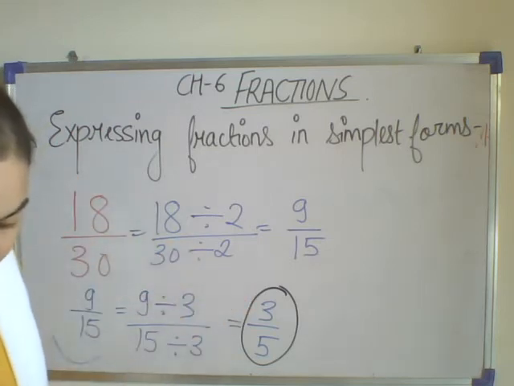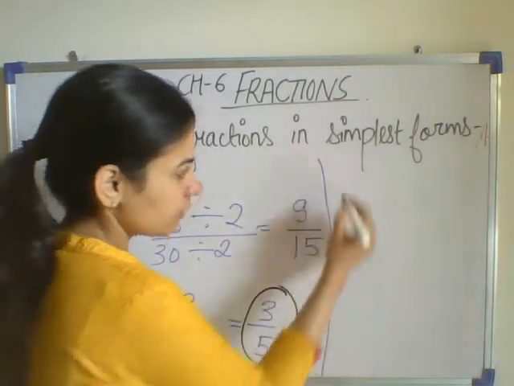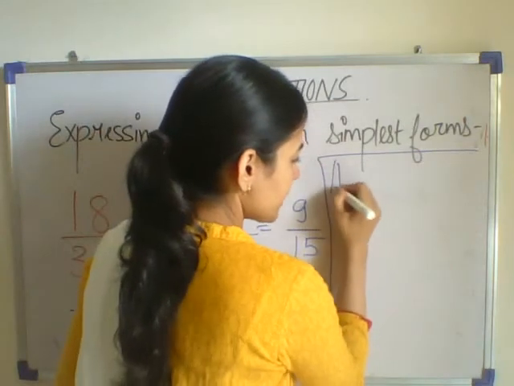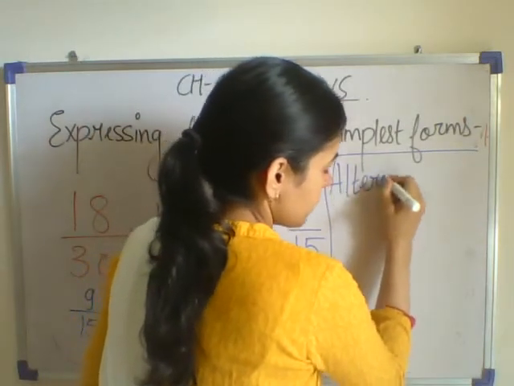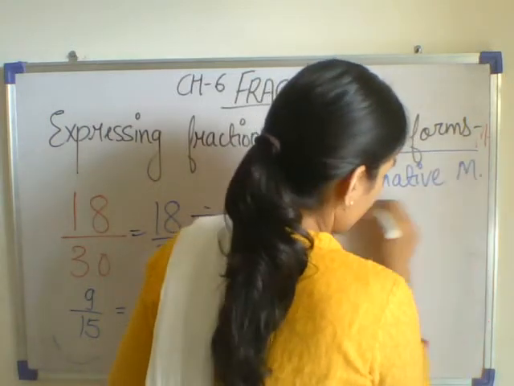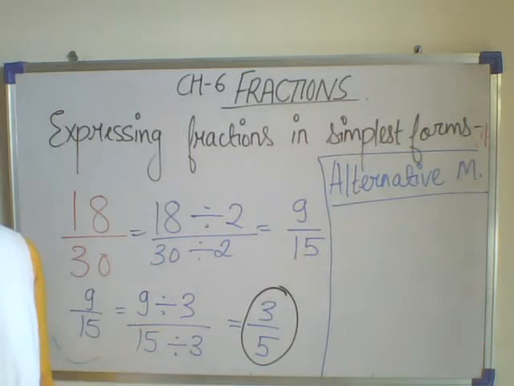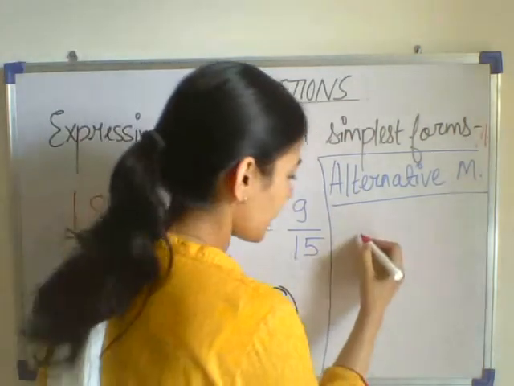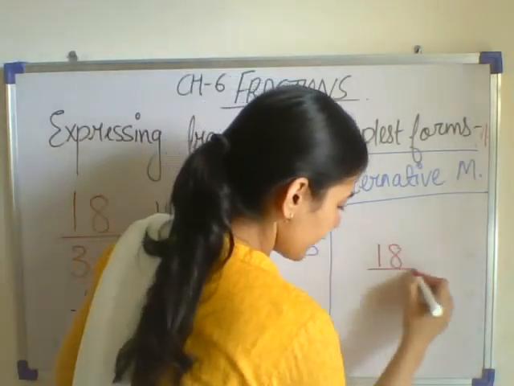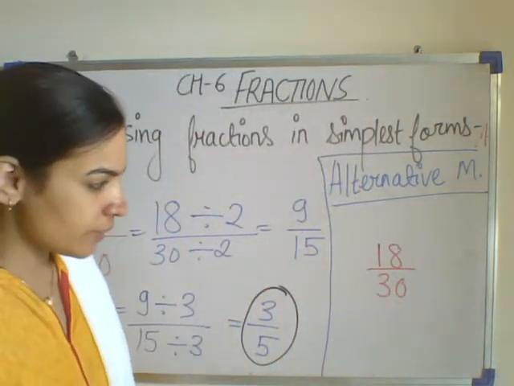There is also another method that is known as the alternative method. In the alternative method, what we used to do is cancel directly. Like 18 by 30 I am writing here.